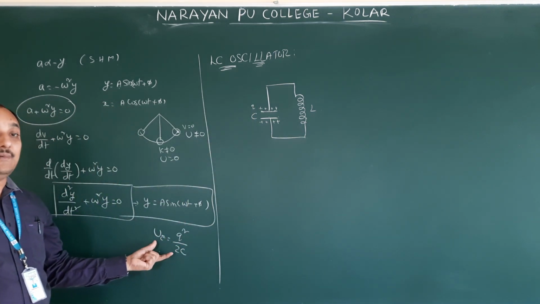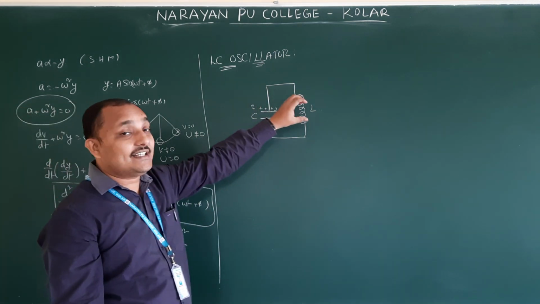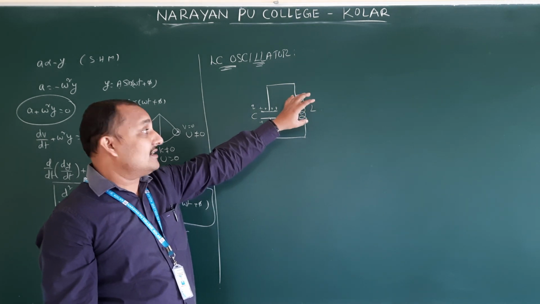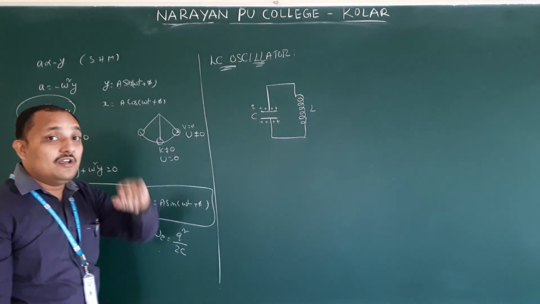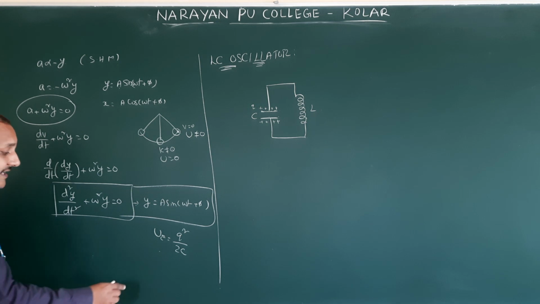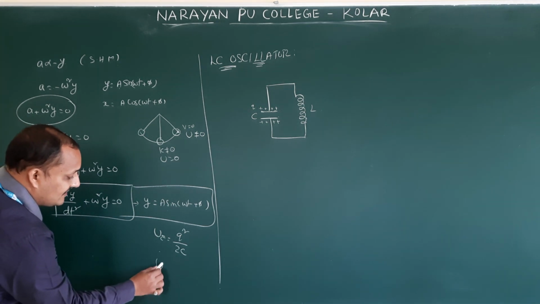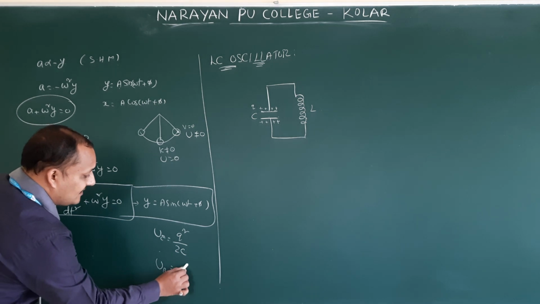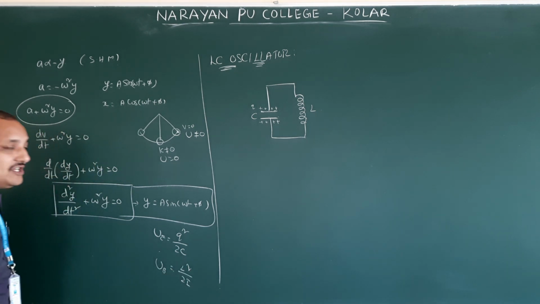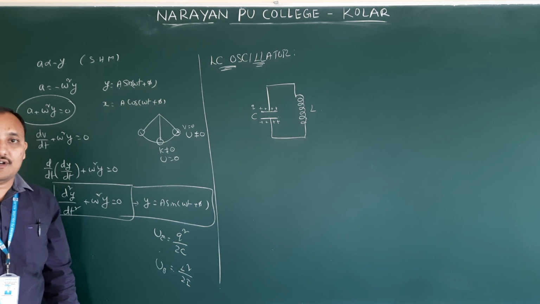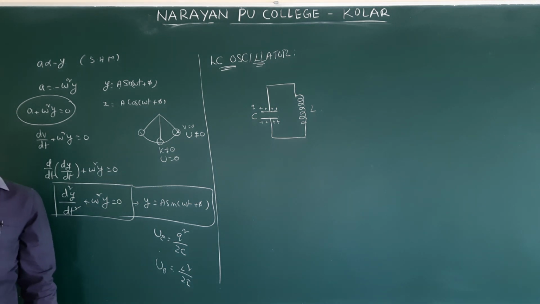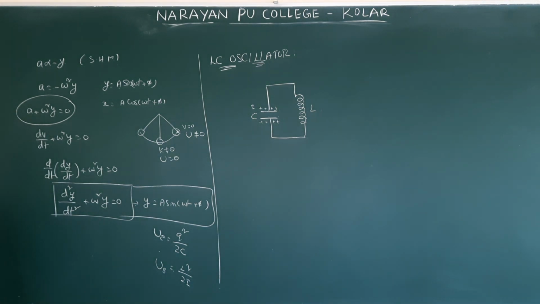You already derived this equation in the previous lesson. The energy stored is magnetic energy, that is nothing but half L i square, (1/2)Li squared. That is the equation you already came to know.